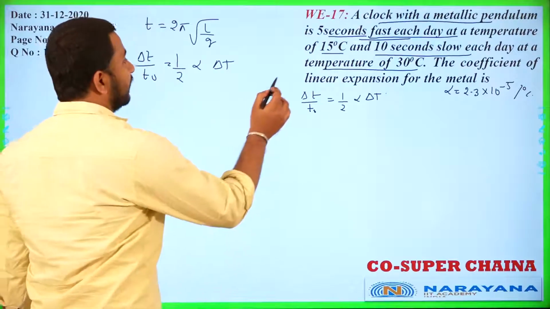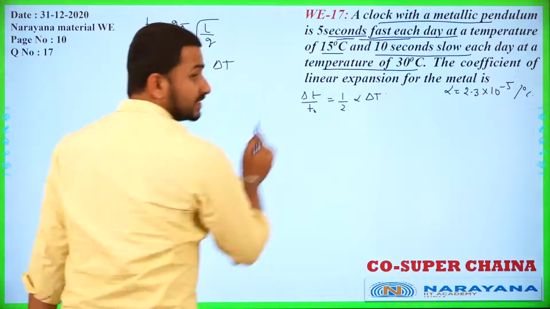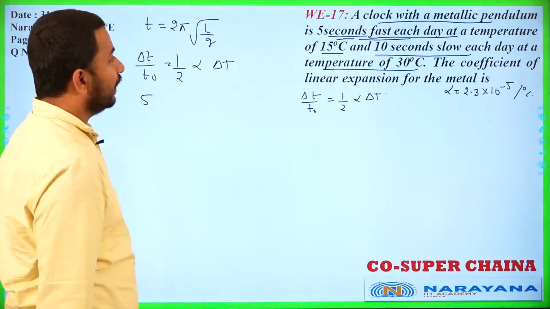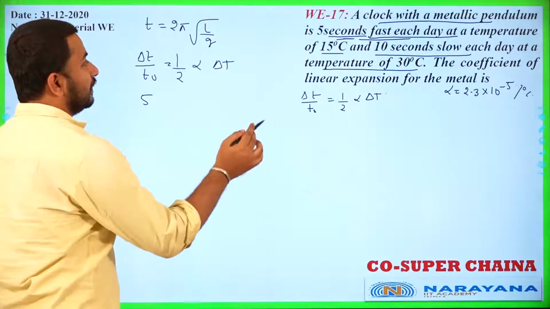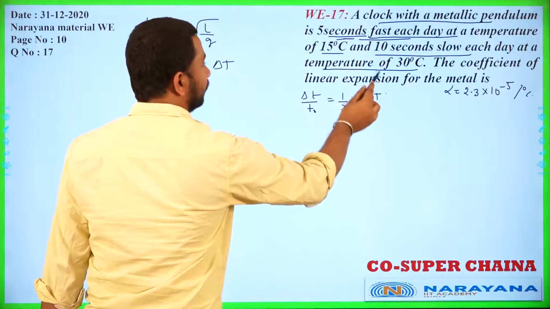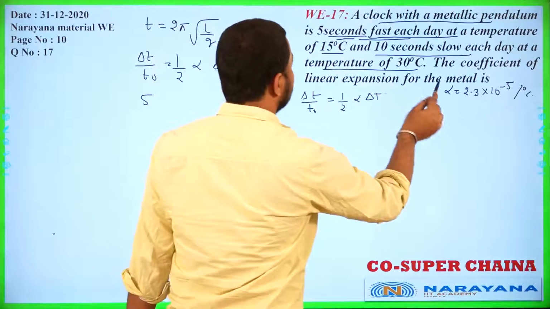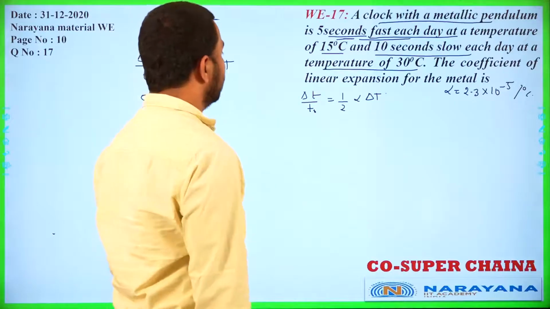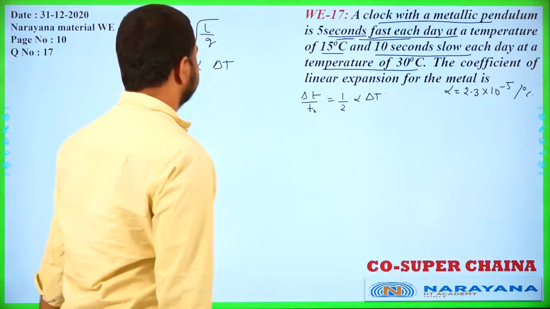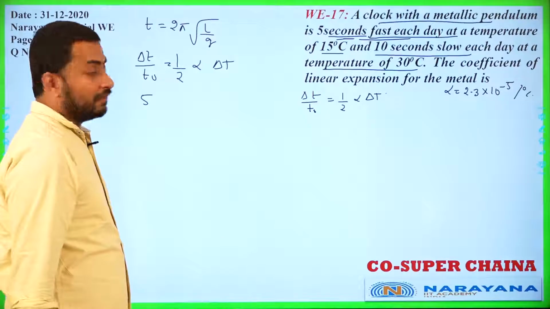In the first case it is given 5 seconds fast each day. What you have to find in this question is the coefficient of linear expansion, alpha.